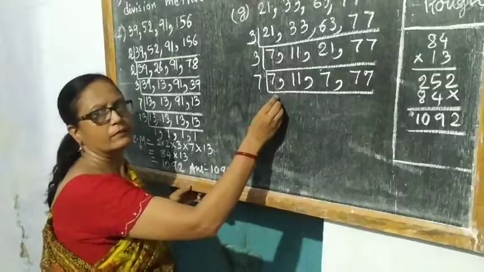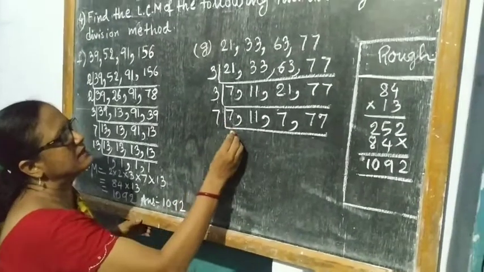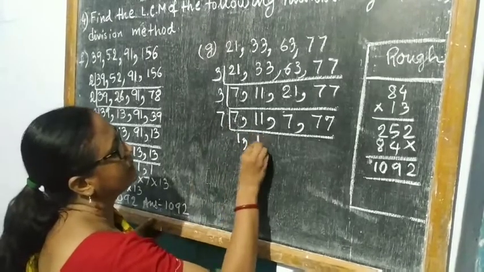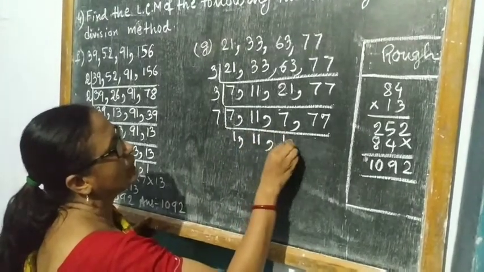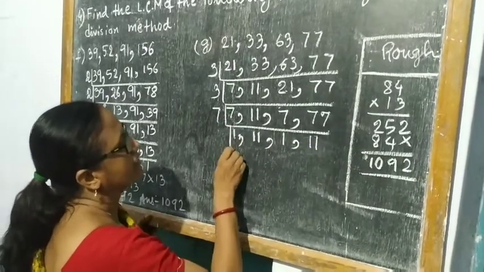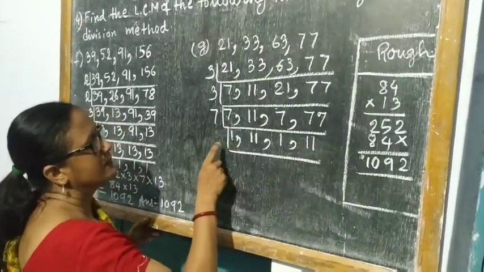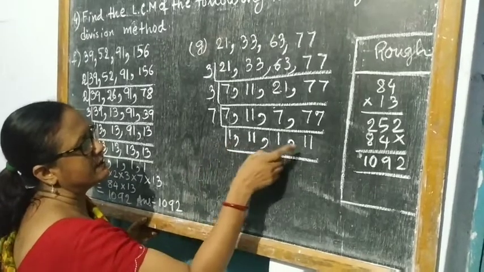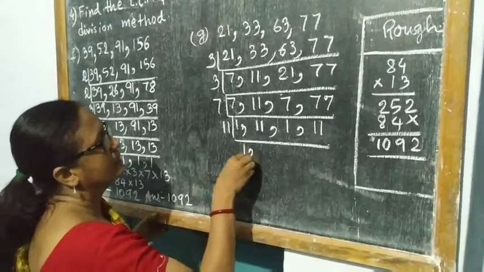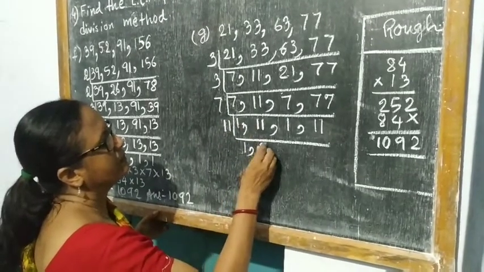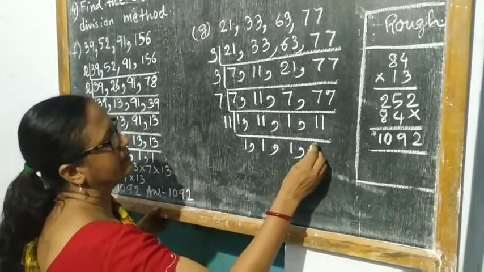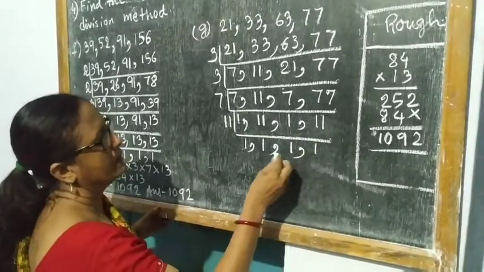Now 7 divided by 7, 1. 11 is not divisible by 7. 7 divided by 7, 1. 77 divided by 7, 11. So numbers of this row are divisible by 11. So 11 divided by 11, 1. 11 divided by 11, 1.